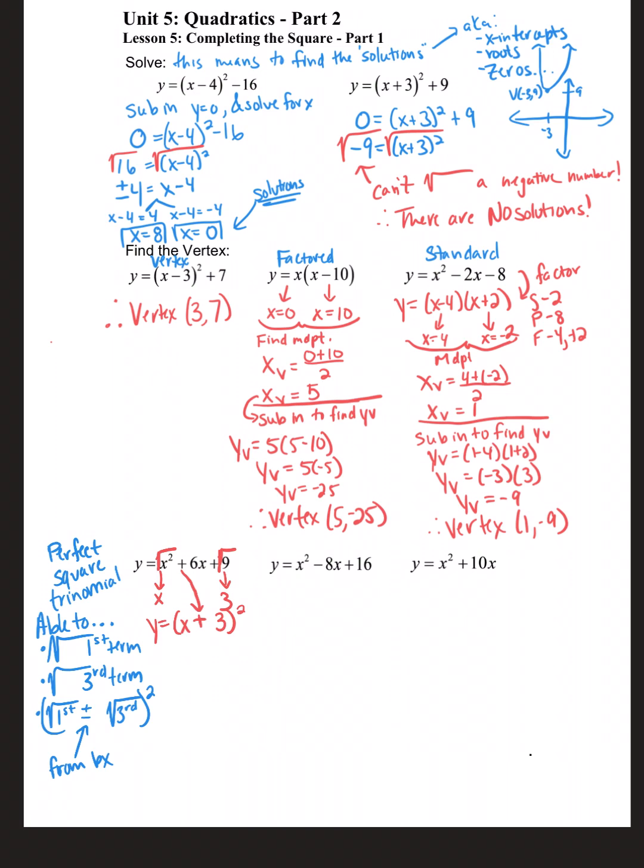Now that we have it as x plus 3 squared, I can see that I have it in factored form, but it also looks very similar to my vertex form. I could just put a plus 0 on here and it would look exactly like my vertex form.